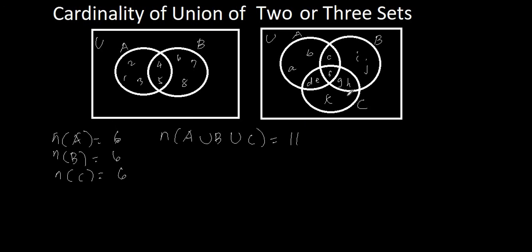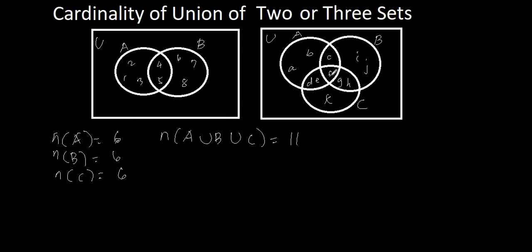Now why is it that the cardinality of the union of the three sets is not 3 times 6, or 6 plus 6 plus 6, which is 18? Observe and study the Venn diagram.